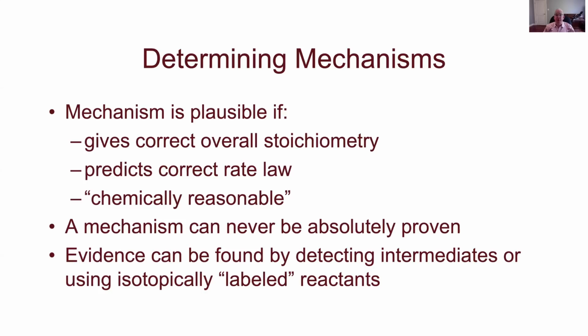There's also some really clever experiments people do where you can use isotopes to just label a particular reactant, right? So if you have two things that are going to react with one another and they both have oxygen atoms in them, if you start off where one of the reactants has radioactive oxygen atoms in it, you just pick a radioactive isotope, switch to that, oxygen-15, I guess, or 17, whatever.